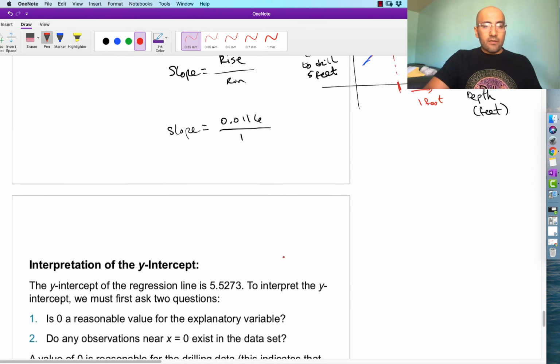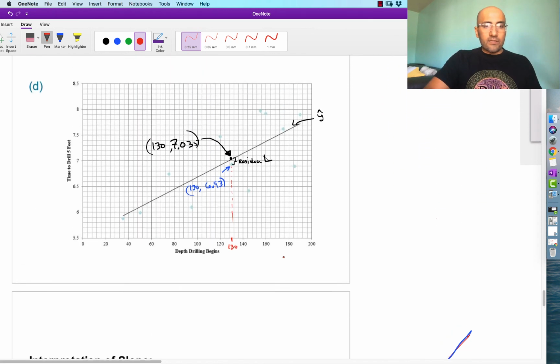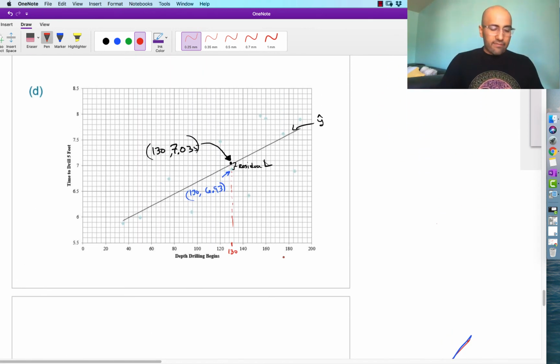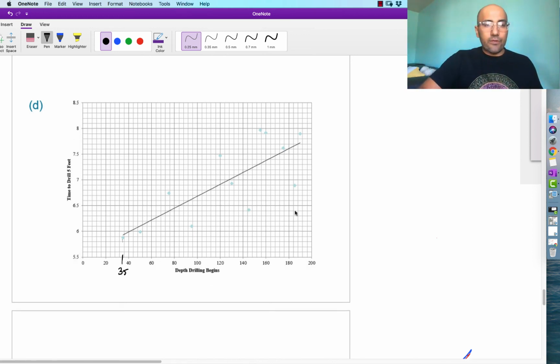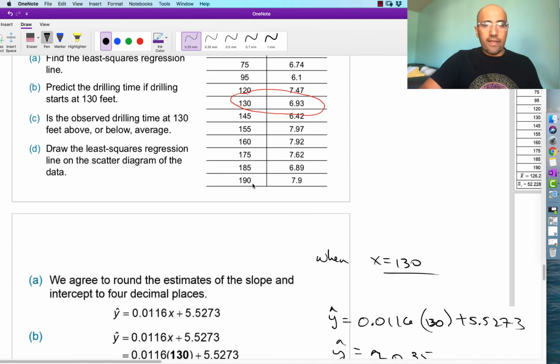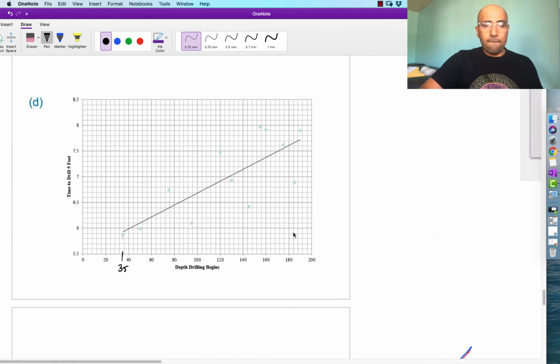What does that mean? So let's go back over here, for instance. Let me erase some of these things. We had a scattergram of our data. And the smallest value that we have actual real data for is 35. And the largest one that we actually have real data for is when x equals 190.